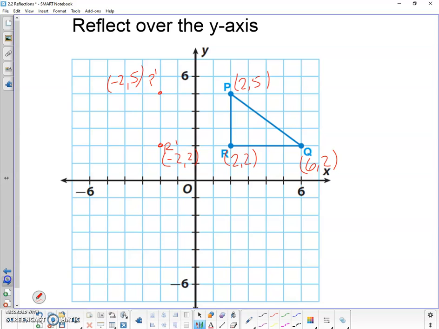Where does Q end up? We're keeping the same distance away from the line, so it's going to flip over to negative 6. If I draw my shape, it should look similar, just flipped over.